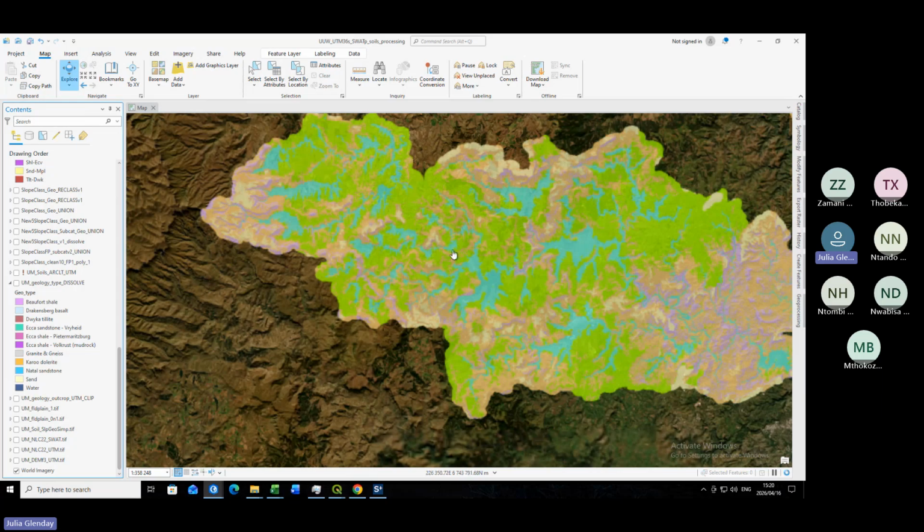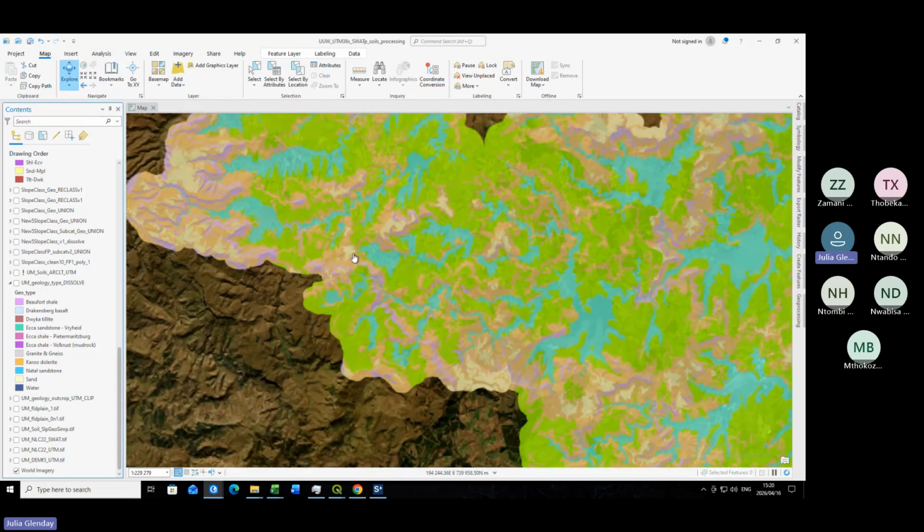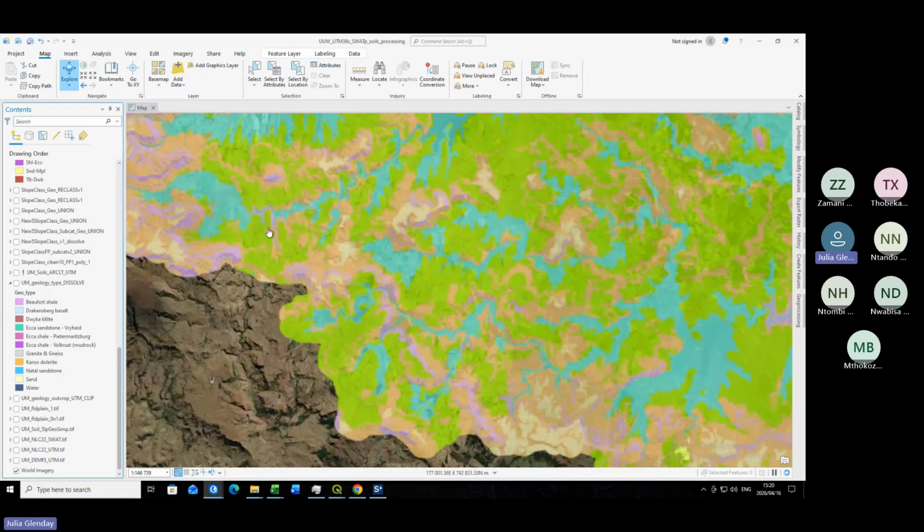So the green and blue are the lower slope areas, and the purples are the more steep cliffs, and the beige color is the upland plateaus.